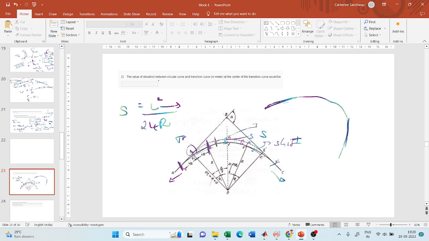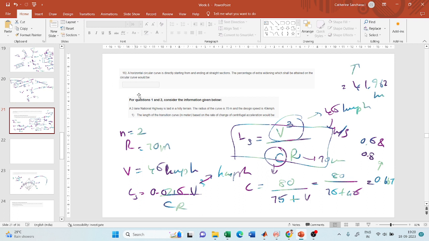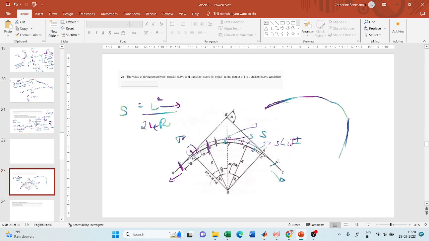So they've given the length in the same problem only. This question is for problems 1 and 2. So what did we find out the length of the transition curve as? 41.962 square divided by 24, and what is the value of R?